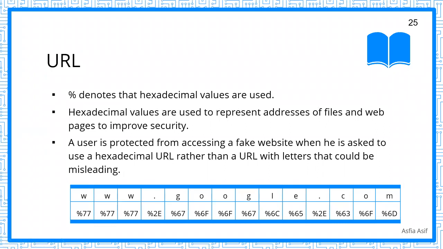If there is a virus on your computer, that virus can redirect you to a fake website, whose address would be GOOG. And it's a very, very minute difference, which we might not be able to see.